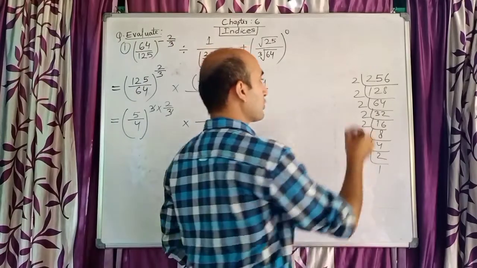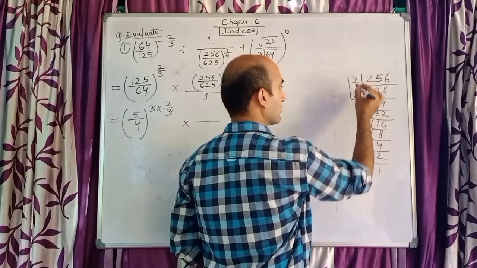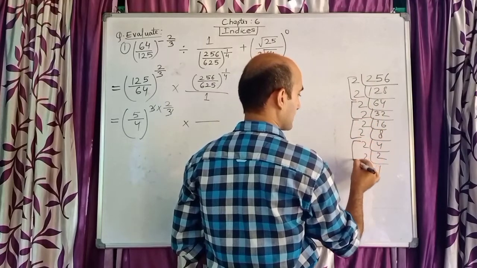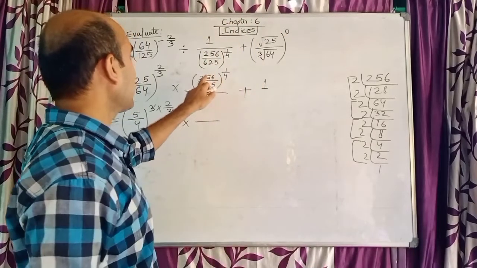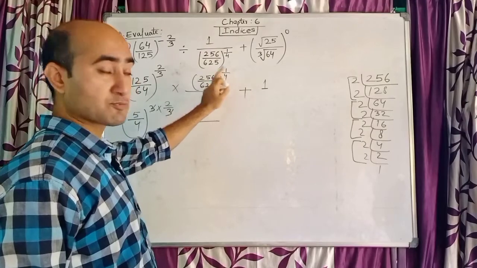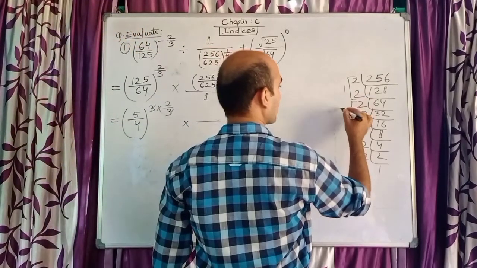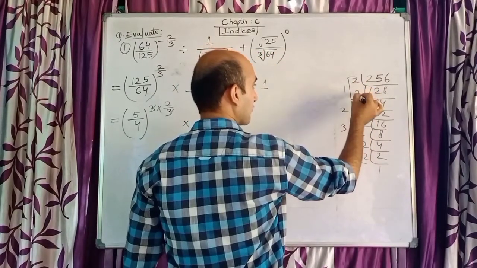So you make 4 groups. This is the first group, this is the second group, this is the third group, this is the fourth group. Why am I making 4 groups? Because I need this number in the power form of 4. Because to remove this 4, I need power 4. So I can see the first group, second group, third group, fourth group. Each group has 2 2s, which are 4.